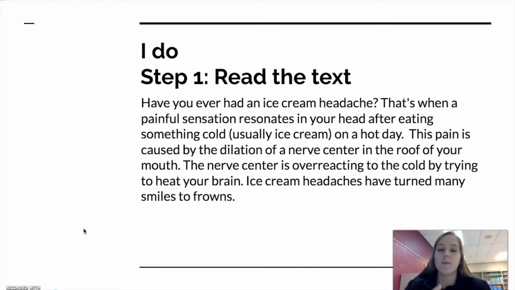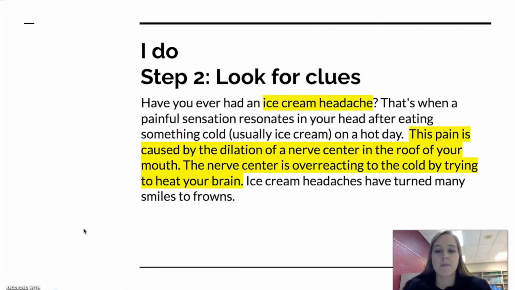So remember, step number 1, always read the text. Step number 2, we're going to look for some clues. I actually want to talk about this second clue first because there's a word that should have popped out as I was reading this. This pain is caused by the dilation of a nerve center in the roof of your mouth. So here's our cause.